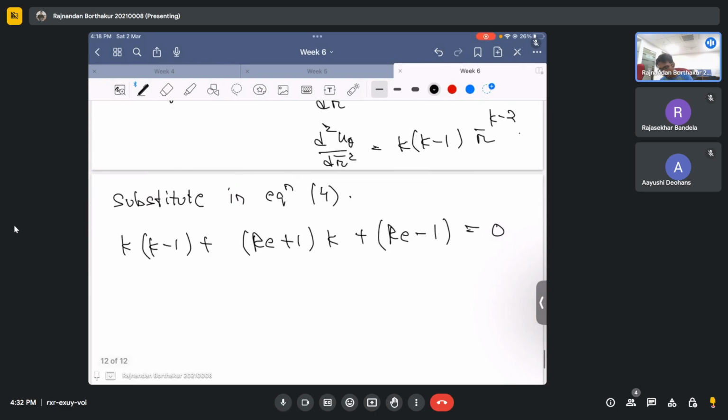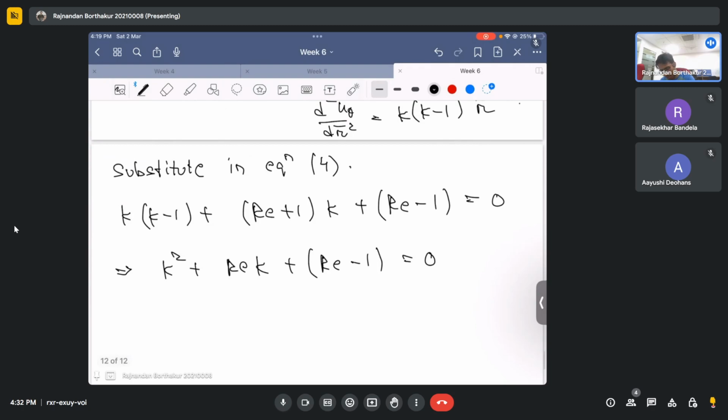So you'll get a quadratic equation. The quadratic equation would be k square plus Re times k plus Re minus 1 equal to 0. That is simply because the k with this minus 1 cancels out with this one, and that's why we just end up with Re times k.